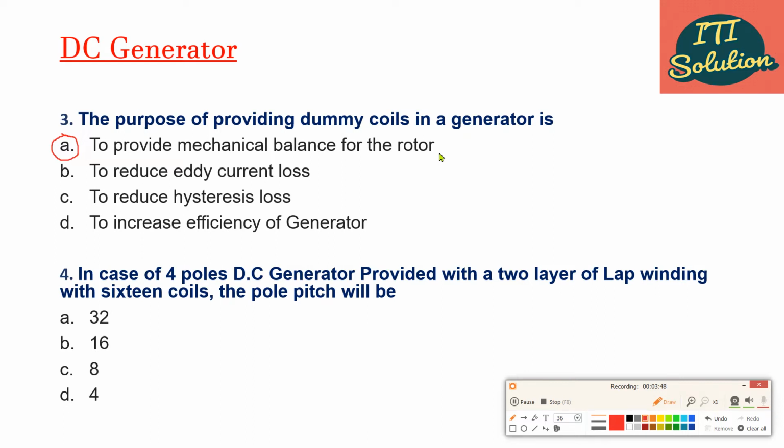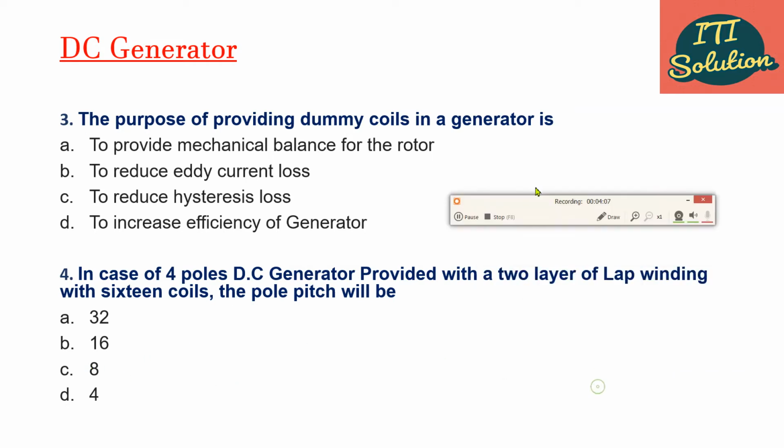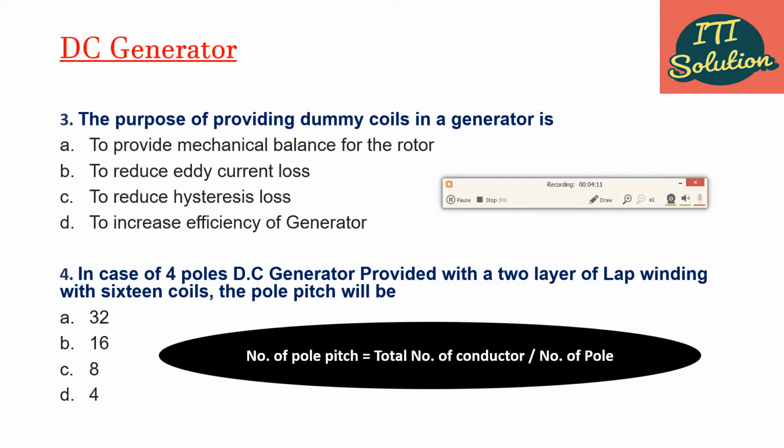Clear? Next question. In case of a 4-pole DC generator provided with a 2-layer lap winding with 16 coils, the pole pitch will be, option A, 32, option B, 16, option C, 8, and option D, 4. Formula: pole pitch is equal to total number of conductors divided by total number of poles.